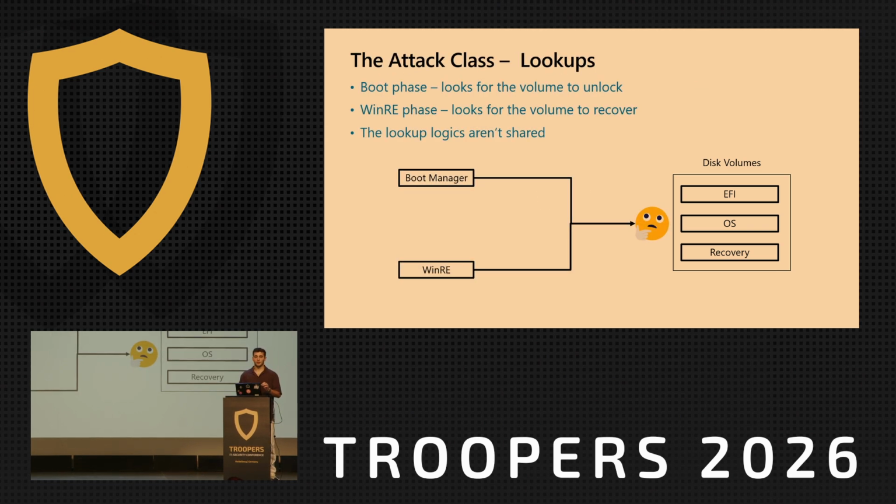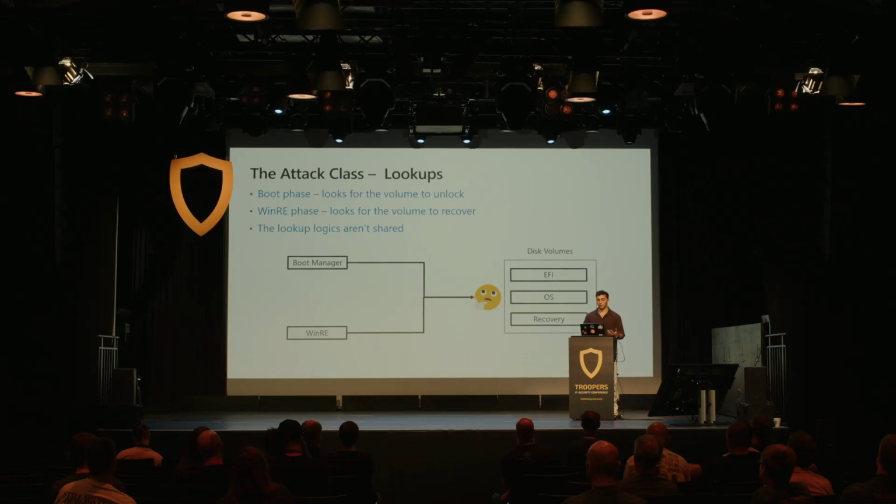We found that the target OS volume is searched for twice during the system lifetime. The first time is during the boot phase by the boot manager, which needs to unlock the target volume for WinRE to have access to it. That's happening as part of the trusted WinBoot procedure.